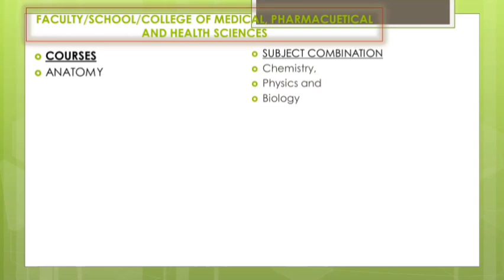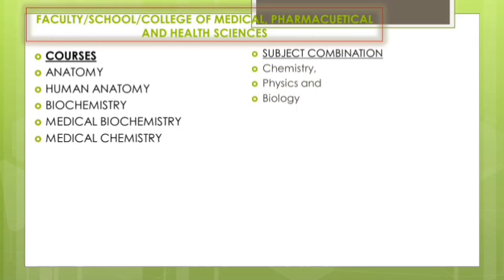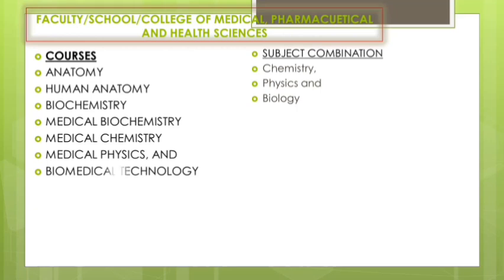Are you a candidate applying for anatomy, human anatomy, biochemistry, medical biochemistry, medical chemistry, medical physics, and biomedical technology? Your JAMB subject combination includes chemistry, physics, and biology, in addition to use of English that is compulsory for any candidate sitting for JAMB.